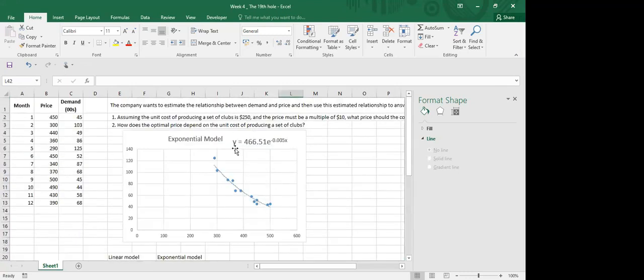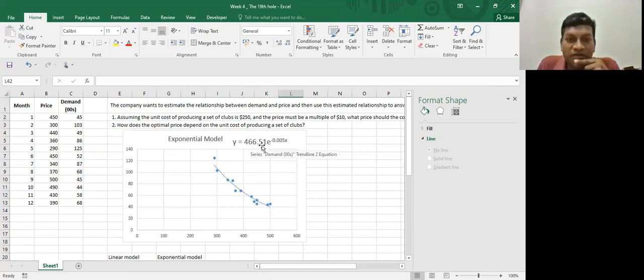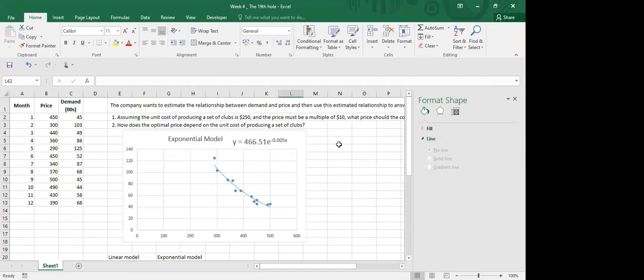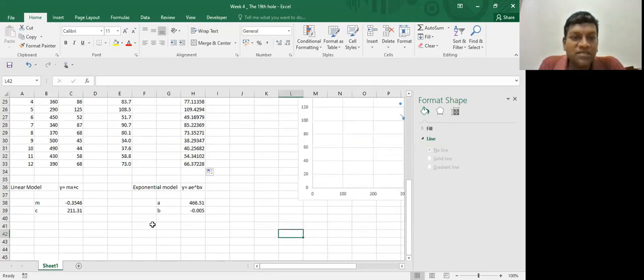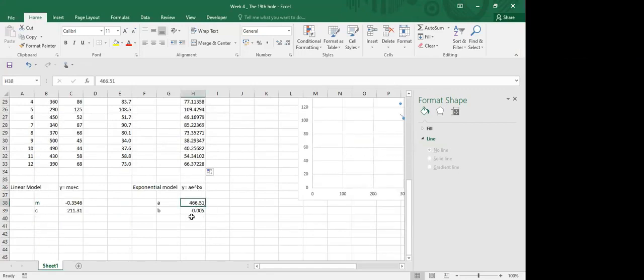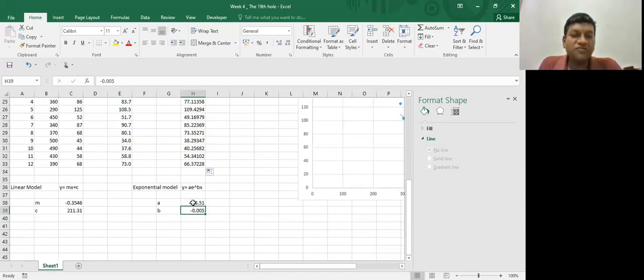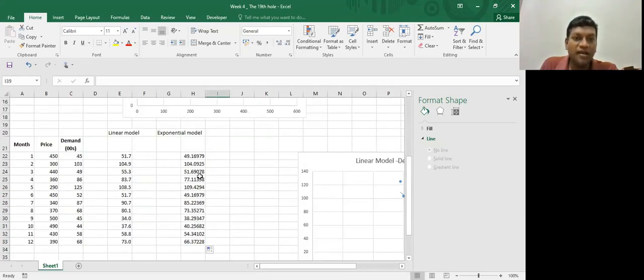So this one is y is equal to 466.51 e raised to minus 0.05x. That is typically of the form y is equal to a e raised to bx. So the value of a is 466.51, which is here, and the value of b is minus 0.05. So I capture those values here and then use them in my model and get these values.